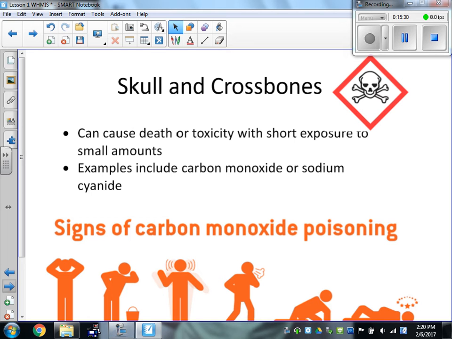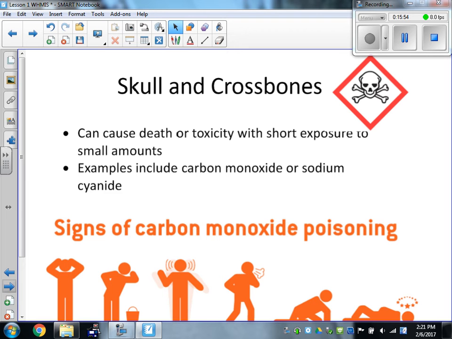What happens is when fuel burns, you should get carbon dioxide. When you burn carbon, you should get carbon dioxide. But sometimes you don't. If it's not a complete combustion of that fuel, you will get carbon monoxide. And when that happens, it affects you.